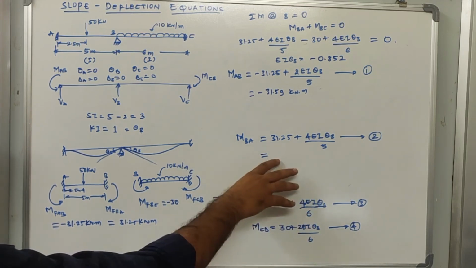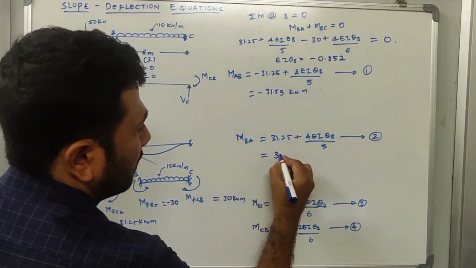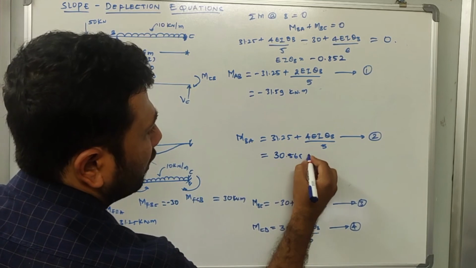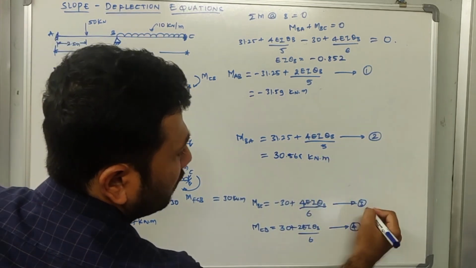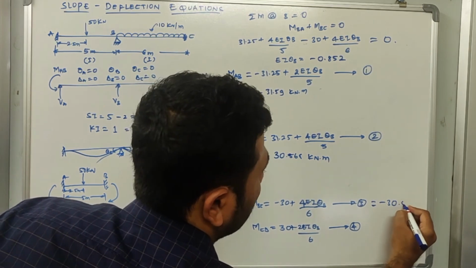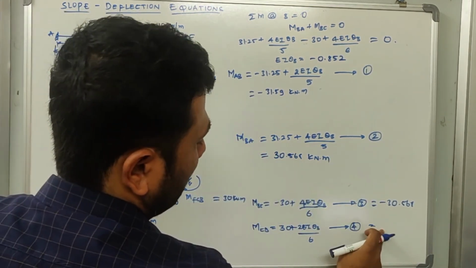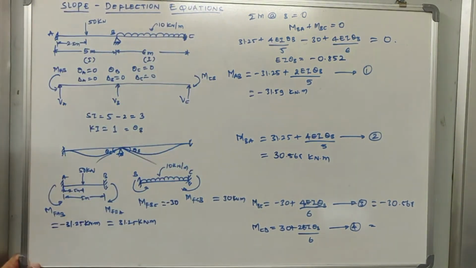If you are getting this as positive, you should get this as minus. This is 30.568 kilonewton meter, so this should be minus 30.568. Once you have solved these two values, tell me how much you will get for MCB.